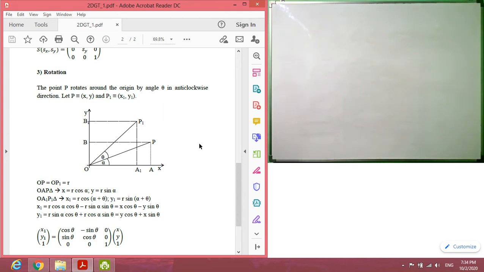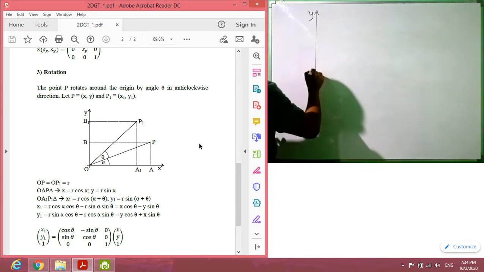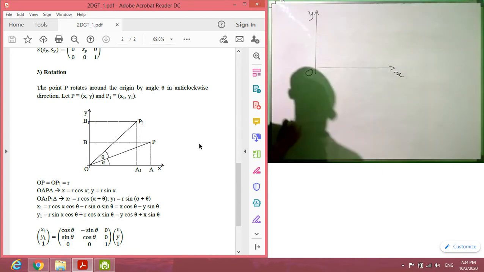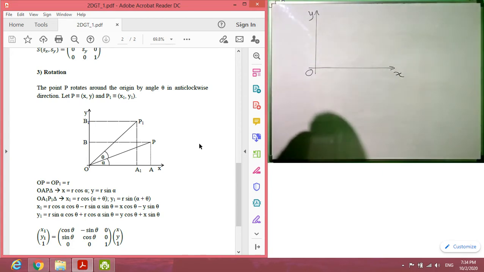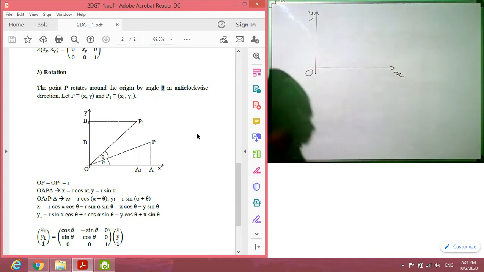So in order to understand that, let's use the coordinate system, and this is the origin. Okay, so it says the point P rotates around the origin by angle theta in anticlockwise direction, this direction.